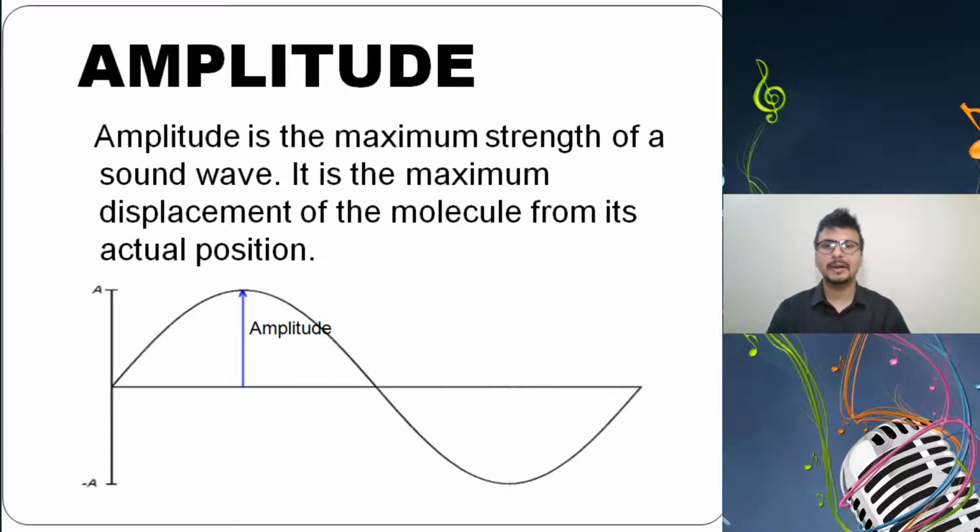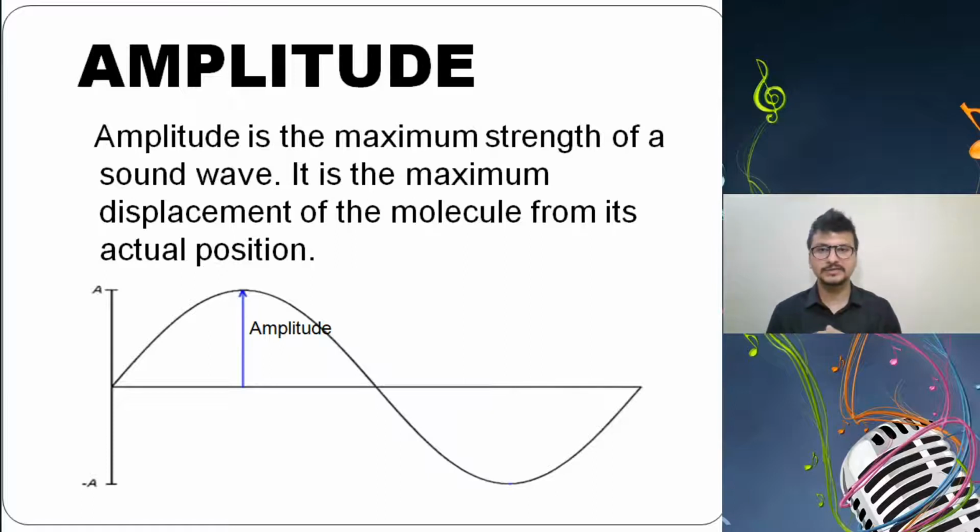When we talk about amplitude, this is a common term that comes to our mind when we discuss waves, sound, and anything like this. Amplitude is the maximum strength of a sound wave.